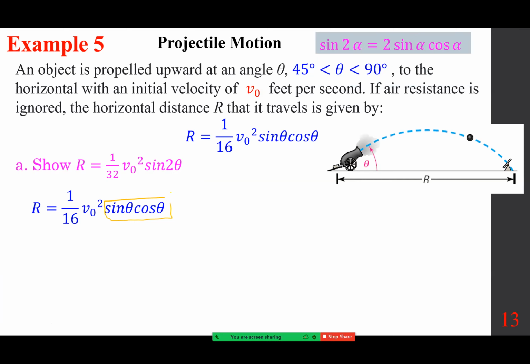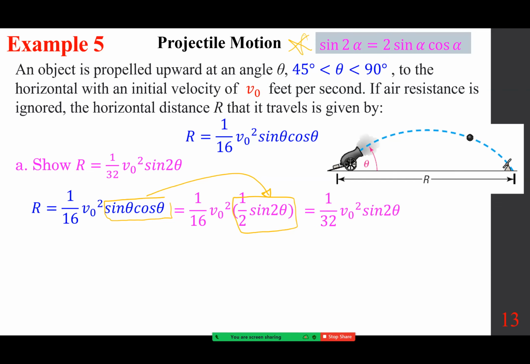Since we don't have it, it's half of sine 2 theta. So this is half of this, right? Based on the sine of double angle, 1/2 times 1 over 16, the product is 1 over 32, and that's a proof.